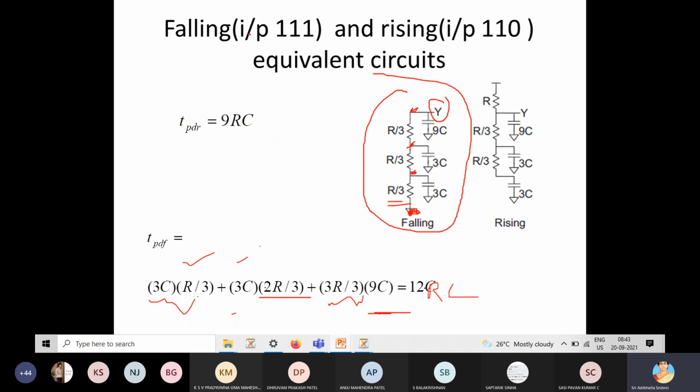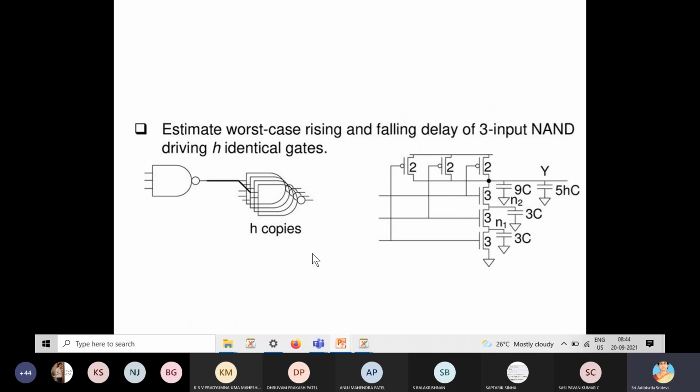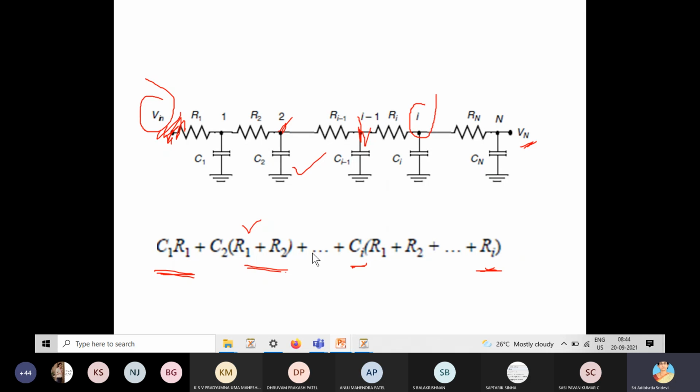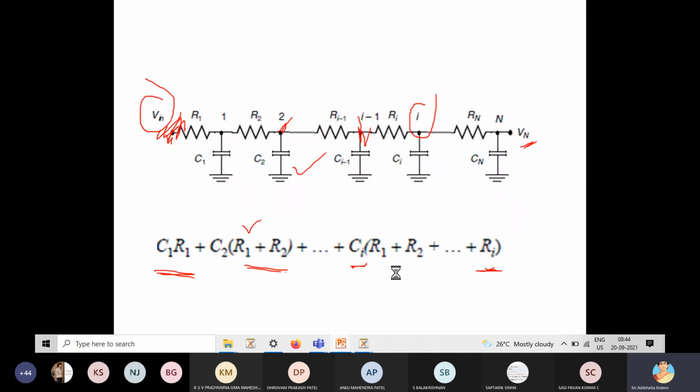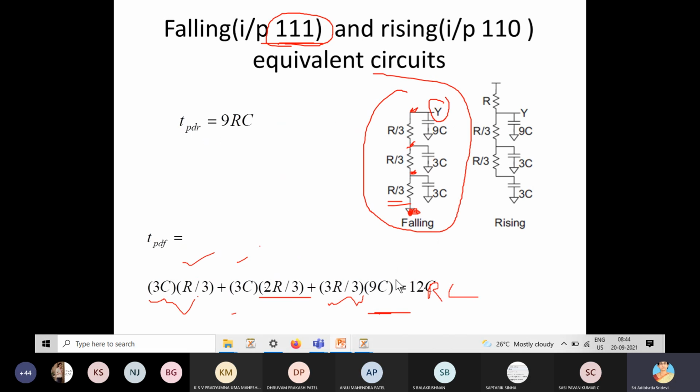We have only one combination which can give falling, so the contamination delay as well as the propagation delay will be the same. There is no difference between them.